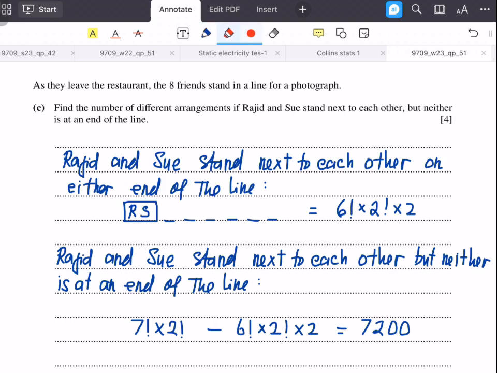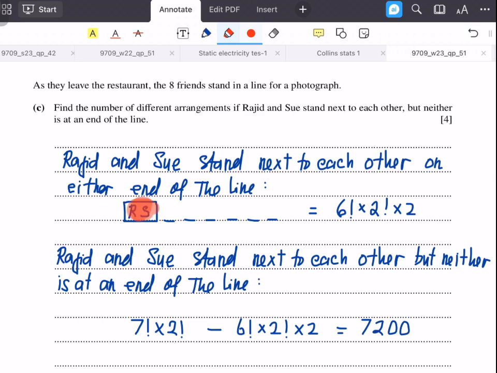And then now we are ready to find the number of different arrangements in which Rajit and Sue stand next to each other, but neither is at an end of the line. So 7 factorial, because we consider Rajit and Sue as one component.